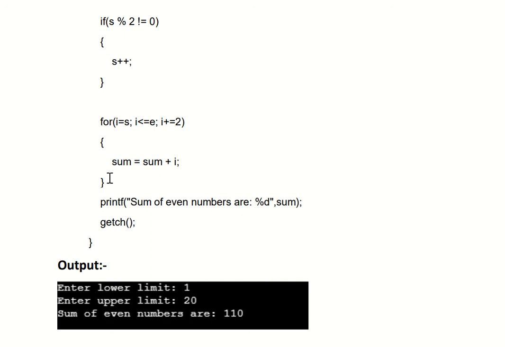This closing bracket indicates that you have to go back to i plus equal to 2. We increment the value of i by 2, so the new value of i is 4. After that we check the condition: 4 is less than or equal to 20, that is our assumption that the ending limit is 20. The condition is true.